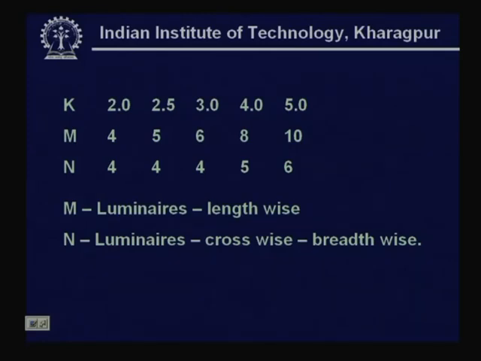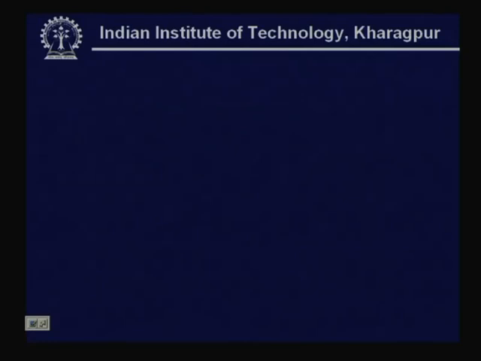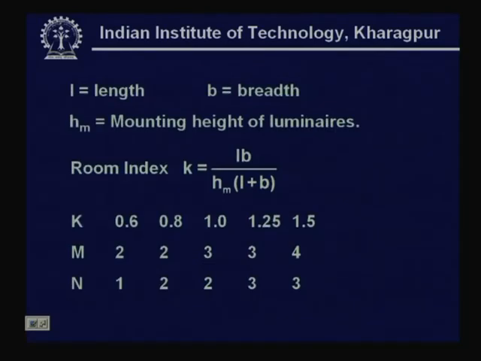So, go back to the first table. Look at this. For various values of room index, it specifies the layout. As you can see, the room index increases as the area increases, and as the mounting height reduces, you can see the number of lamps that are required.